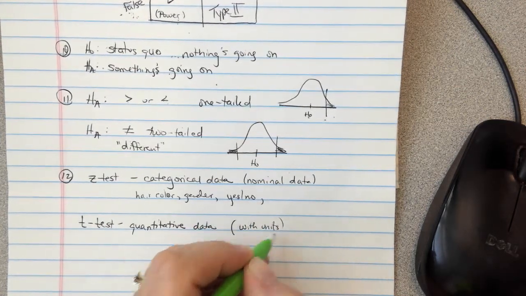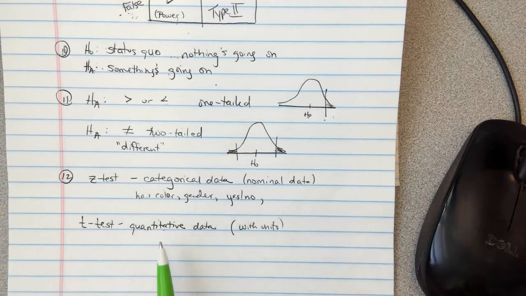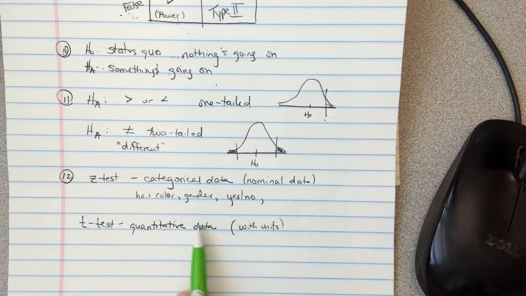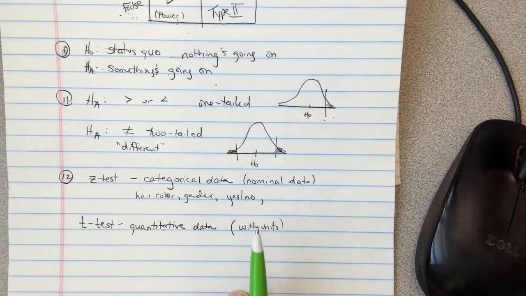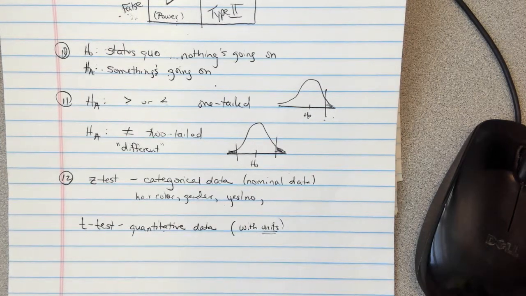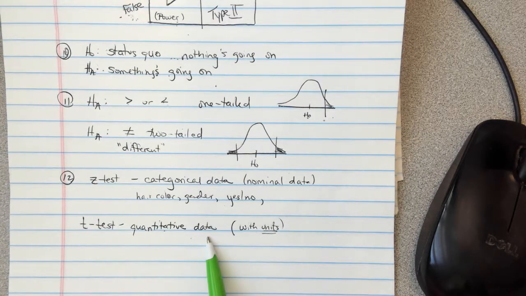So if you're measuring change in blood pressure, if you're comparing weights, if you're trying to find out that men tend to be older when they get married than women, anything that compares things with units, age, weight, number of people. Units is really the key word. If it's measured in inches or meters or pounds per square inch or anything like that, then you're in quantitative data world.